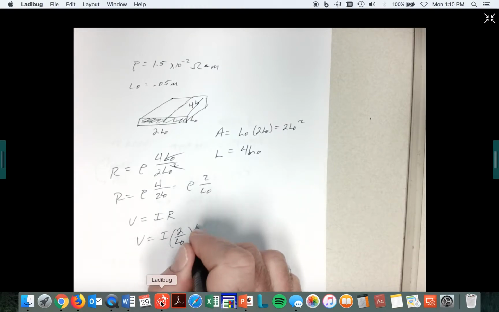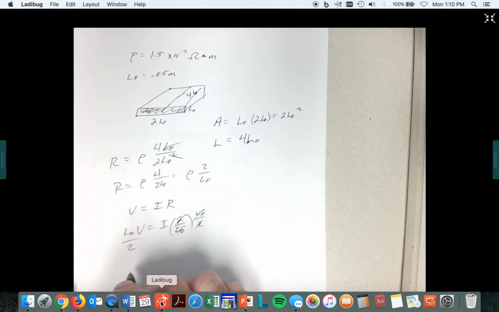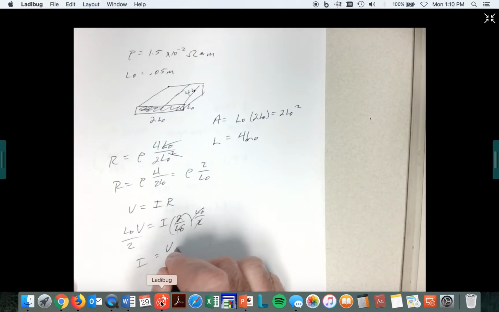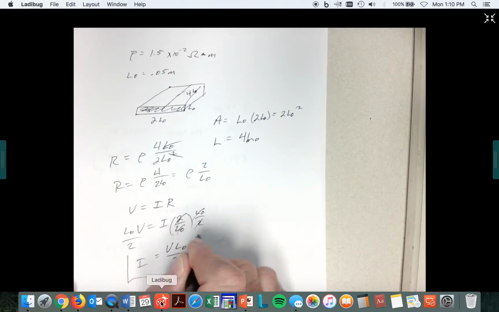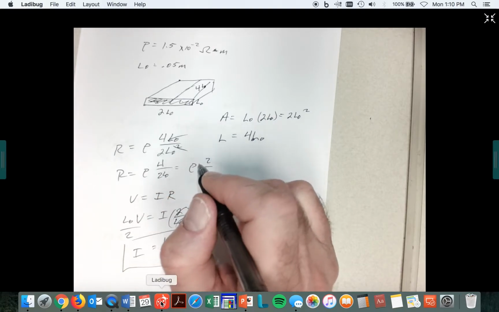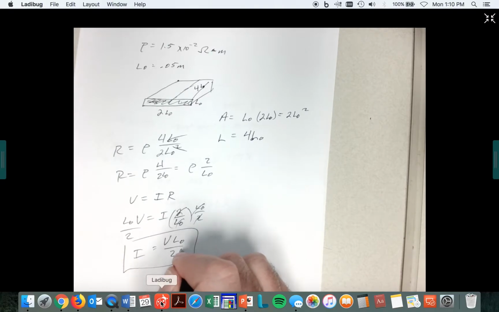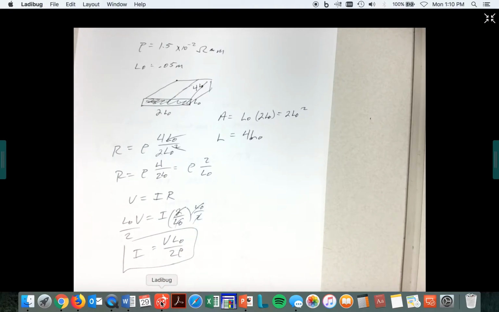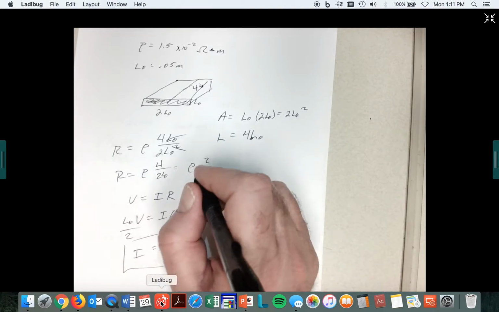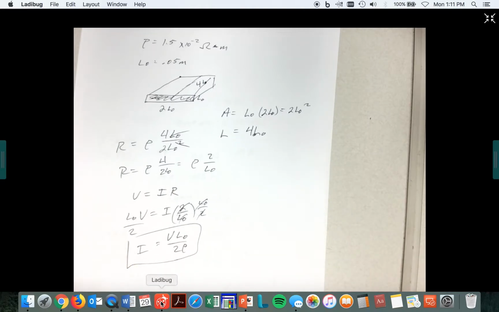So we multiply by L naught over 2 rho on both sides, and the current is going to equal V times L naught over 2 rho.